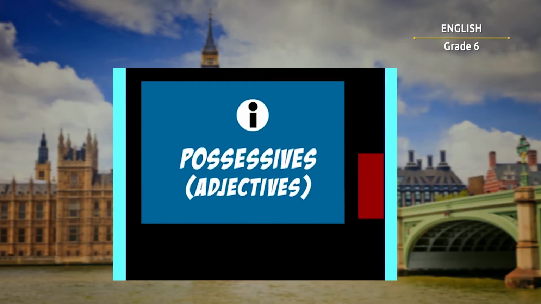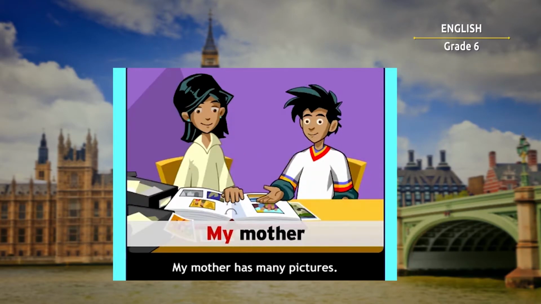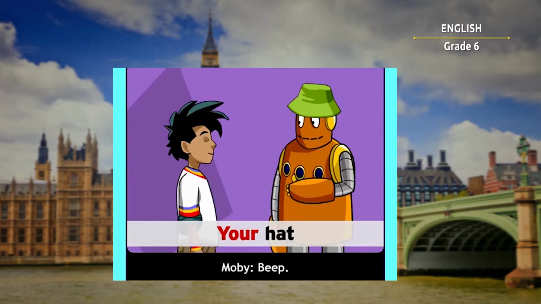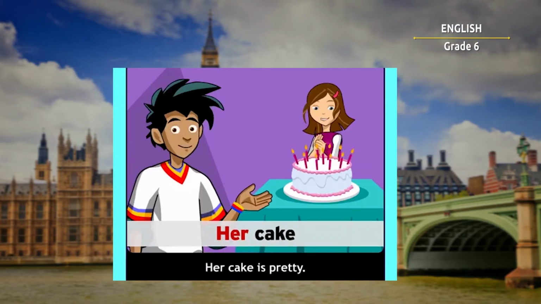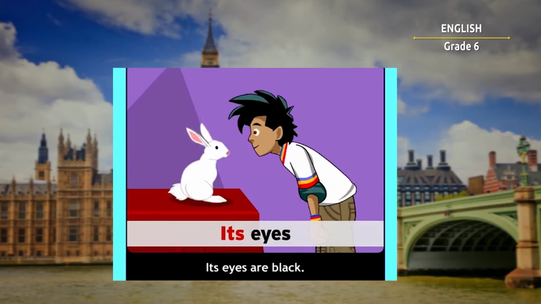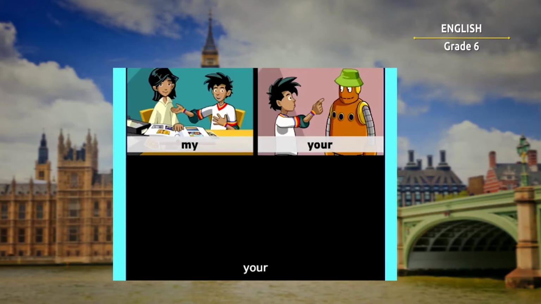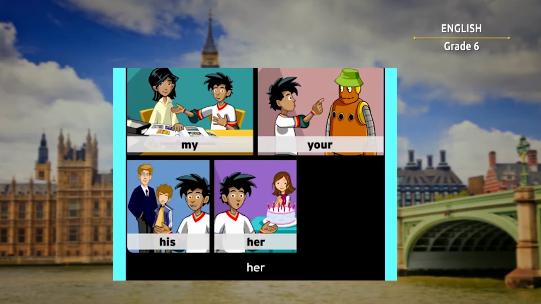Possessive adjectives. My mother has many pictures. Your hat is green. His father is tall. Her cake is pretty. Its eyes are black. My, your, his, her, its.